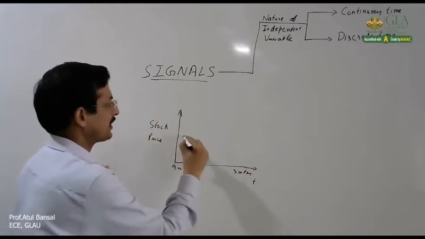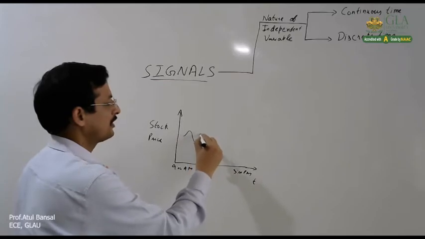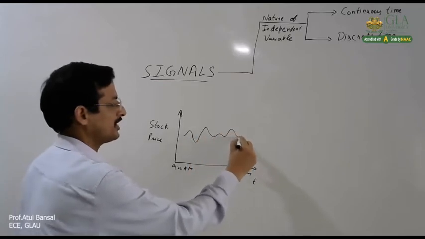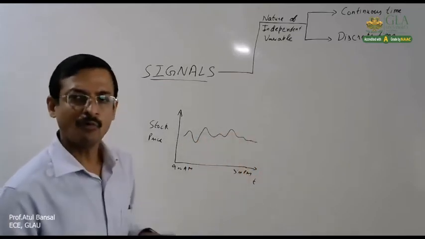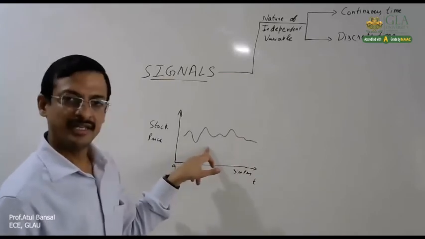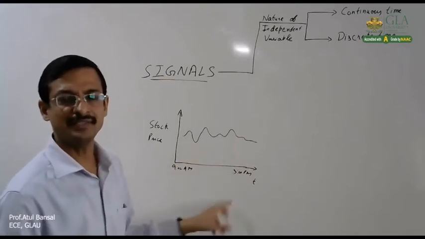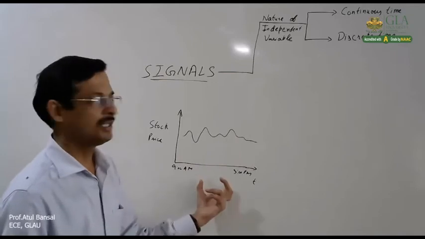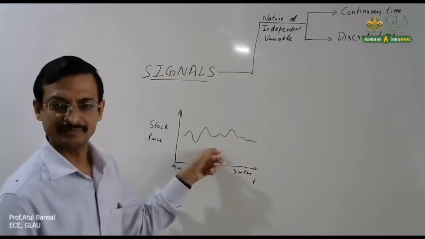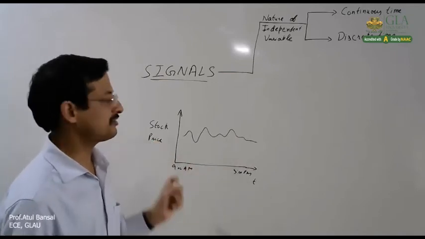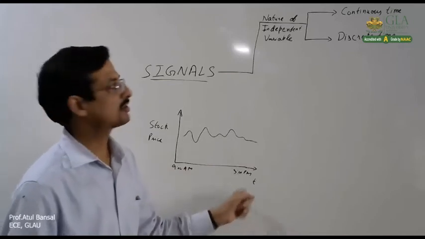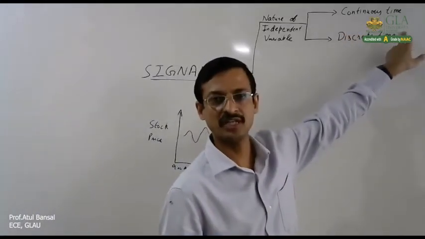What will happen? The price will sometimes go up, sometimes down, and like this it will keep on varying. Now, this signal is available at each instant of time. At any instant of time during the day, we can find out what the stock price was. So this signal is varying continuously with time. That is why we call it a continuous time signal.